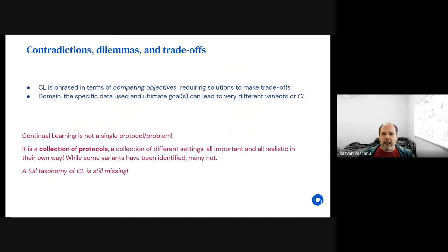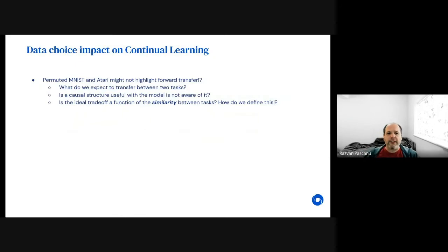And we don't yet have a full taxonomy of what CL might be. That means that every time we explore a CL setting, we need to be explicit about what form of continual learning we are exploring and why. For example, if we are to focus on forward transfer, some traditional setups for CL might not even allow us to study this question. What would one expect to transfer among permuted MNIST variants or Atari games?